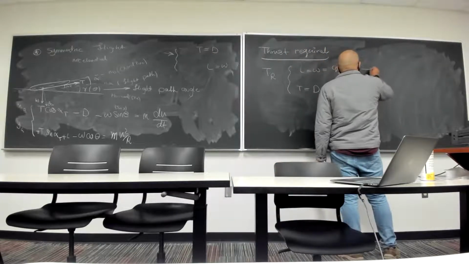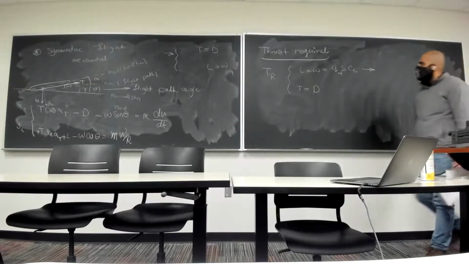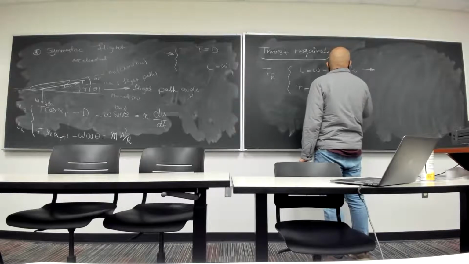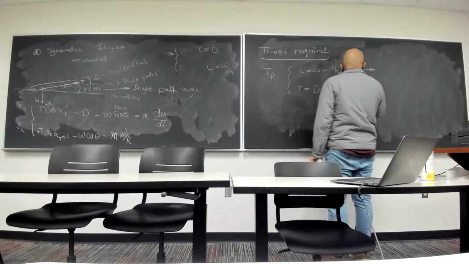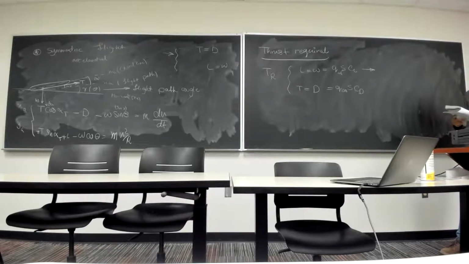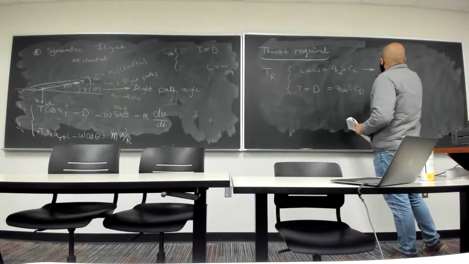But we don't really care about it here. Let me actually write it down. We do care about it. Okay, so what would be the ratio of T over W here?